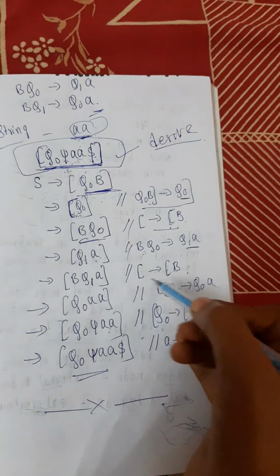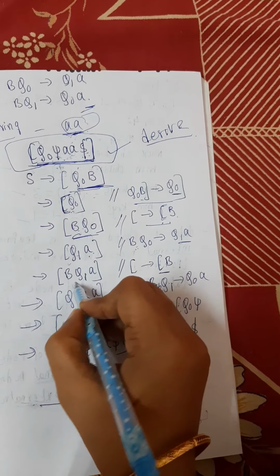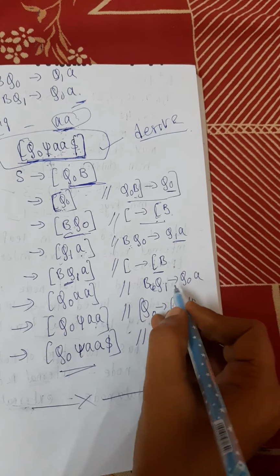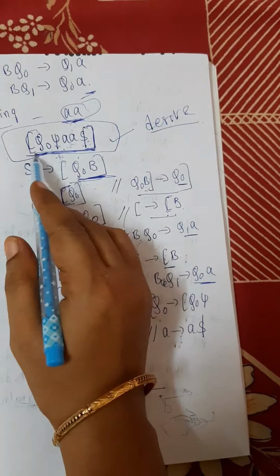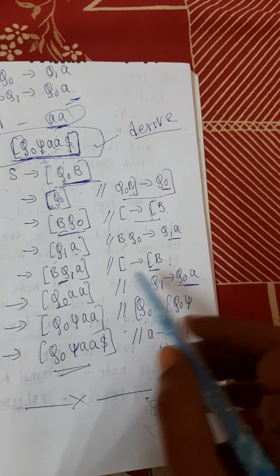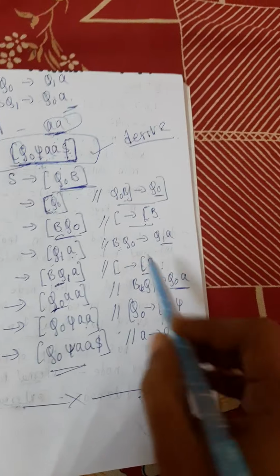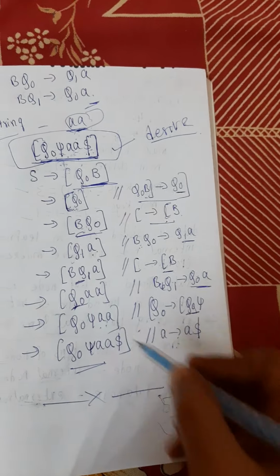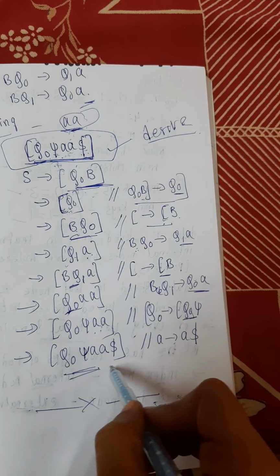Now again we take B Q1, which is Q naught A. So if you observe, we are getting Q naught A here. Now Q naught again, this is a symbol. So these two symbols we got, the match A. And this is final you have.